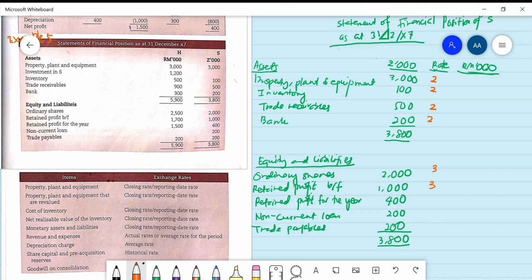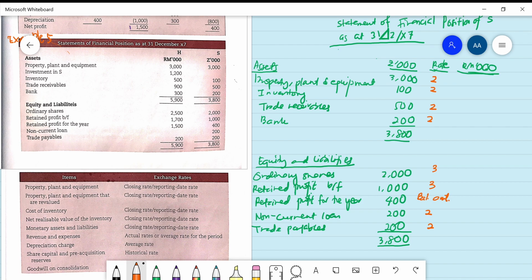It will not balance because we translate at different rates, so there must be a balancing amount. Non-current monetary liabilities are translated at 2. Trade payables are also translated at 2.